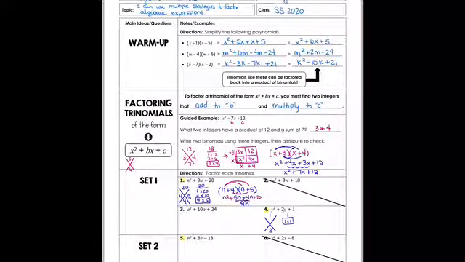Well, that works pretty great because that also adds to 2. So my binomials would be x plus 1 and x plus 1. Now, when those binomials match, that means that we can use an exponent to represent that information, and we get x plus 1 squared.